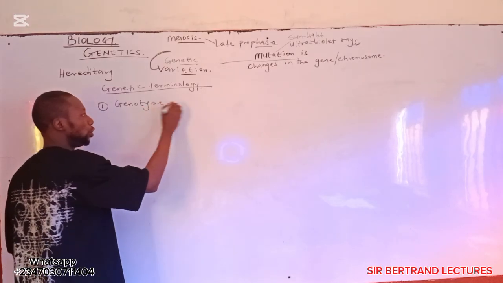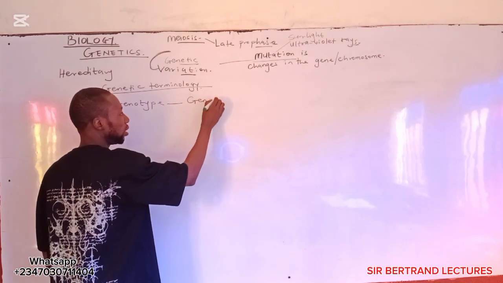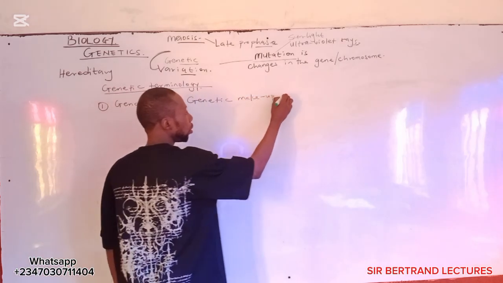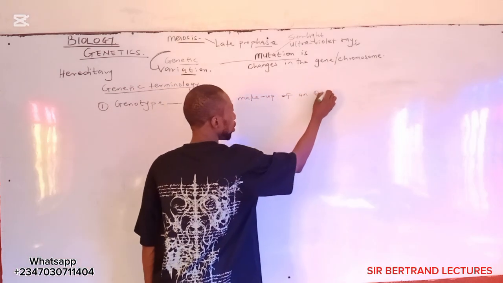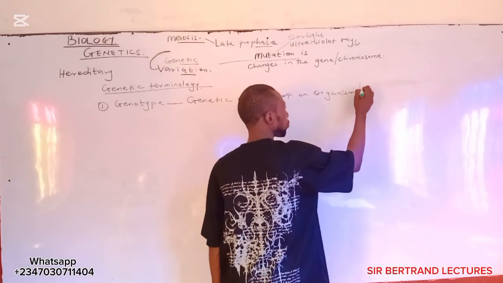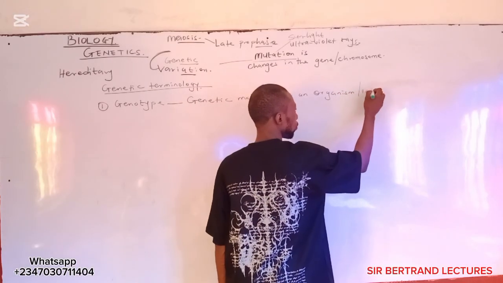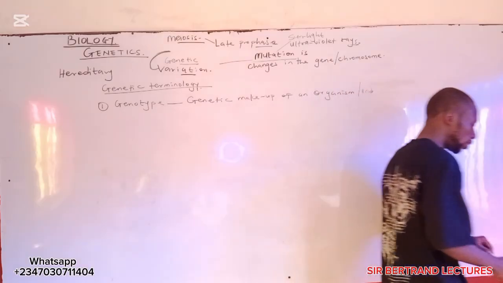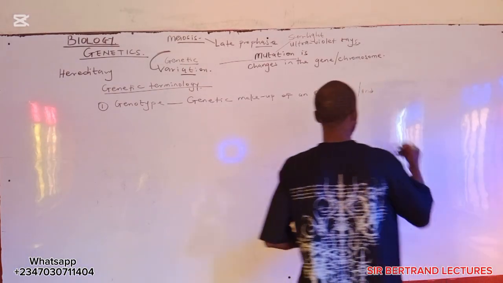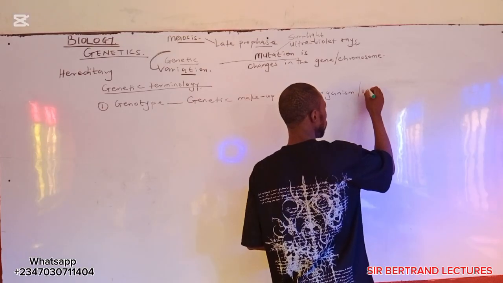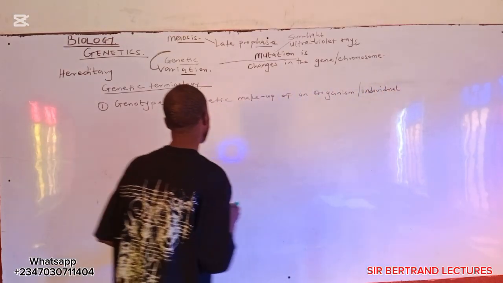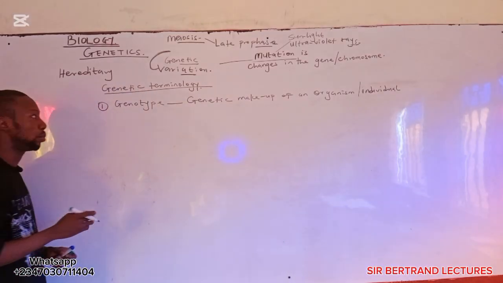Genotype is the genetic makeup of an organism or individual. That is the genetic makeup of an organism or individual. Okay? That is it on the board.